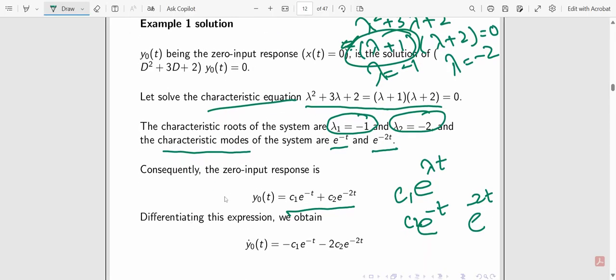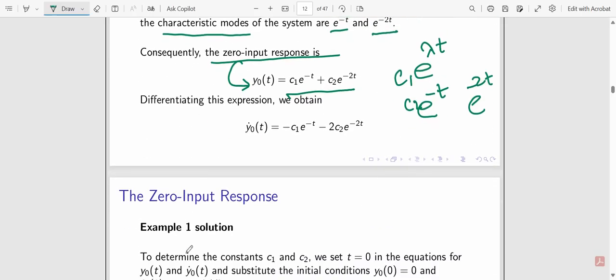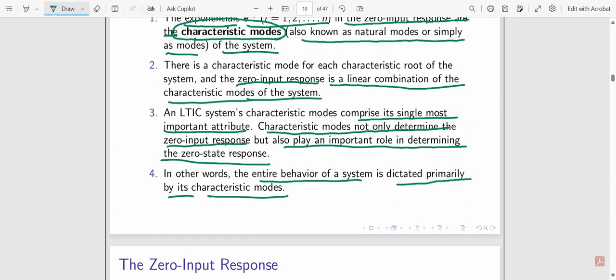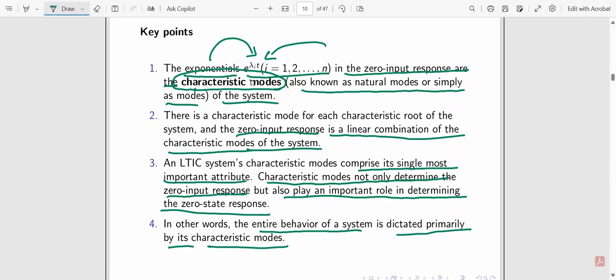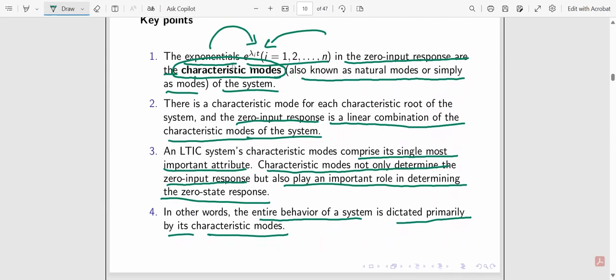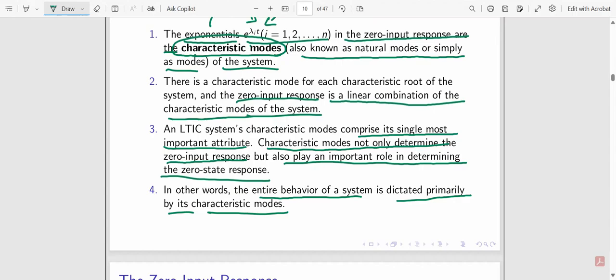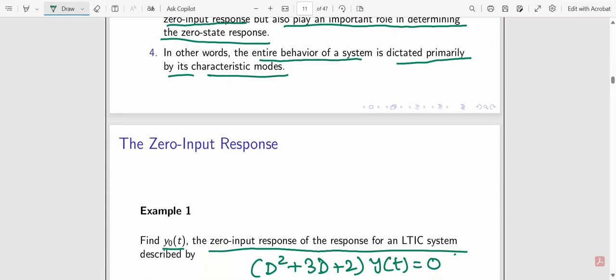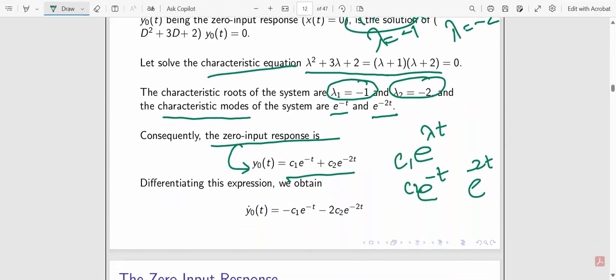This is the zero input response that you get from the roots and modes of the system. These are the characteristic modes, or simply modes, or natural modes.